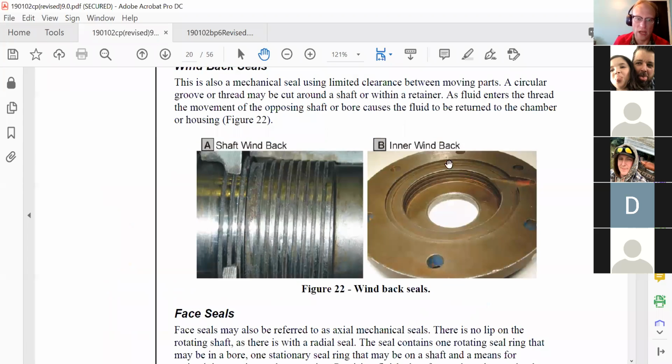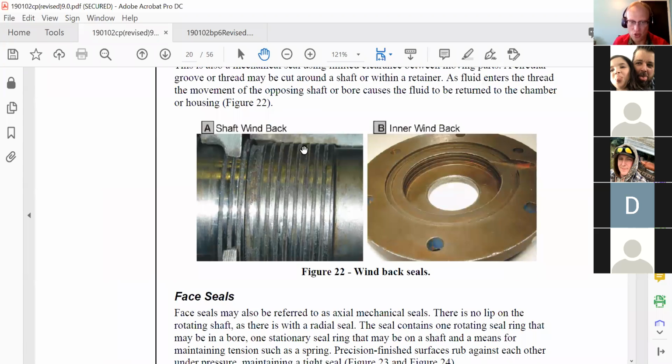So this is a windback seal. This picture, A right here is an input shaft for a manual transmission, and this B is the bearing plate retainer. What happens is these grooves wind in these grooves, and it's a very, very tight fit.